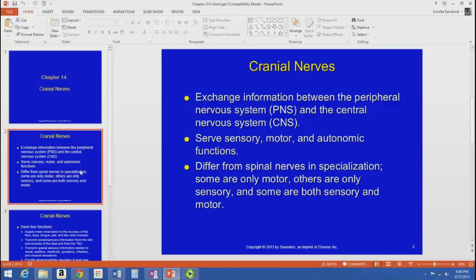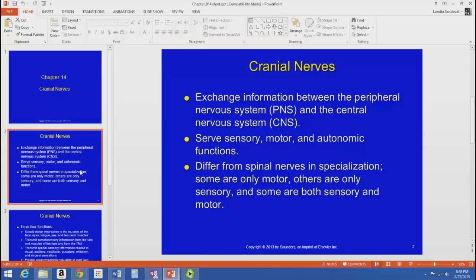There's a lot of really awesome information about cranial nerves and their function and dysfunction, but we can't cover everything in the amount of time that we have, and so Table 14.1 on page 330 is the only information that you will need to know for the test. It's basically the individual cranial nerves and their basic function.